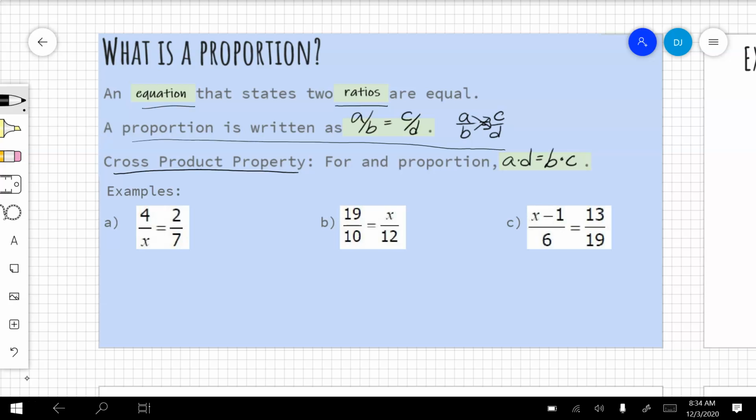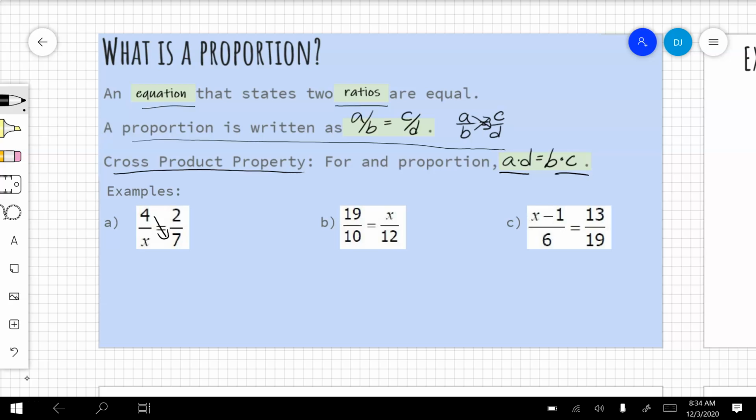Now, the next step to solve for any variable within that proportional relationship is to use the cross product property to solve for one of those values. I'm going to show you an example here. We would end up with A times D and then B times C. We've done this before, maybe not in this class, but in middle school.